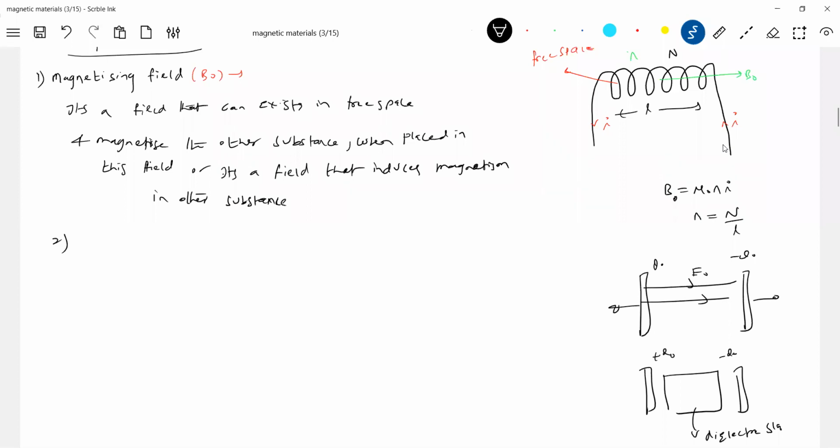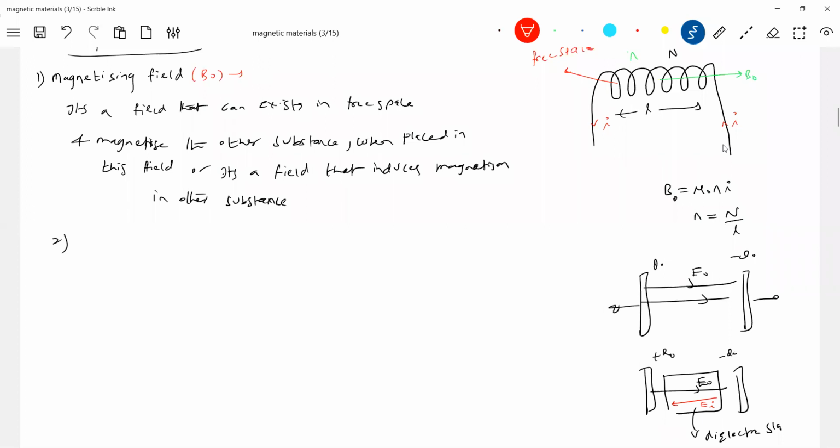So there are two fields, no? The E naught will be as it is, and this E naught will induce charge. Because of that, E I will come. Whether the slab is there or not, that E naught will exist, no? Look at the first diagram. If you remove the slab, E naught will not vanish, nothing to do. And what is E I? Induced electric field.